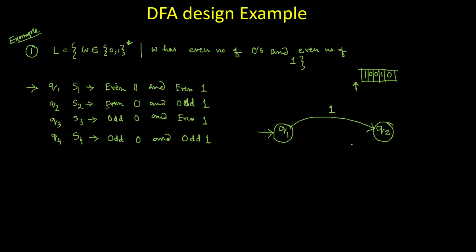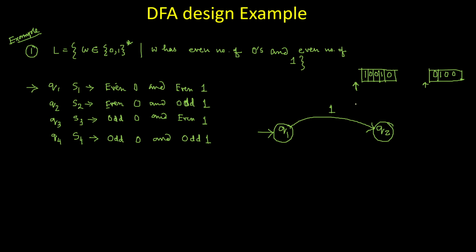Similarly, instead of 1, if you encounter 0, for example your string is 0 1 0 0, suppose you are about to start here, initially your state of mind is Q1. Now when you read this 0, the number of 1s you have seen is even, but as you have visited a 0, it becomes an odd number of zeros.